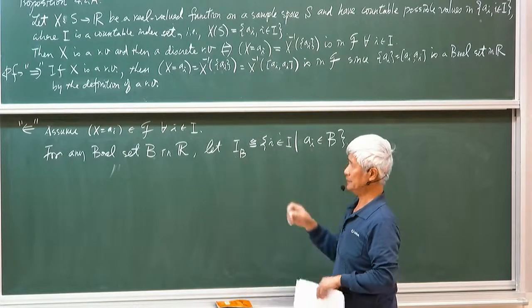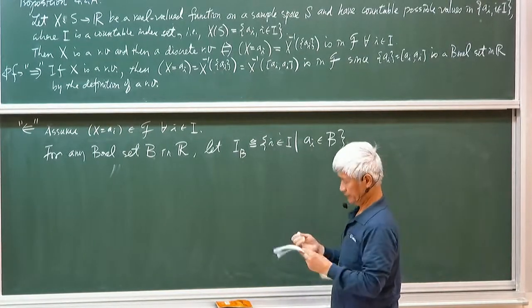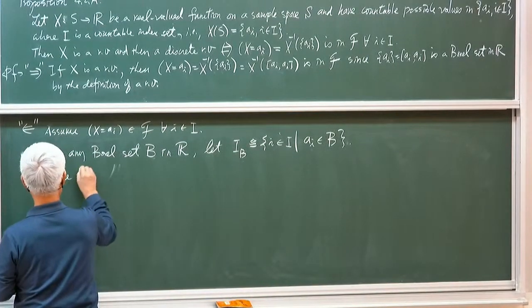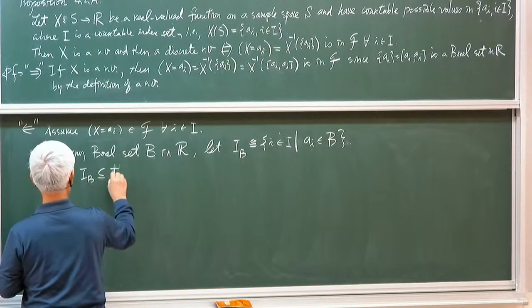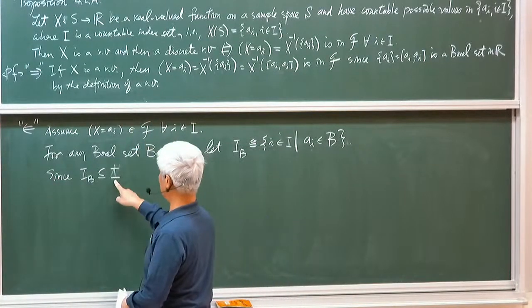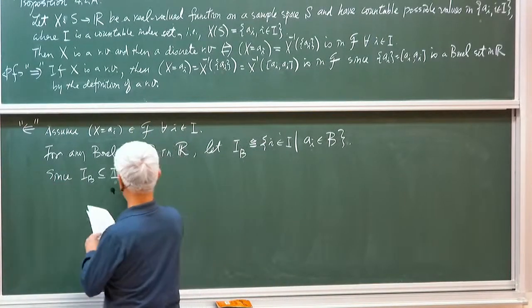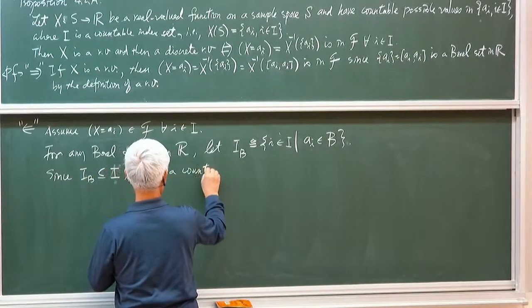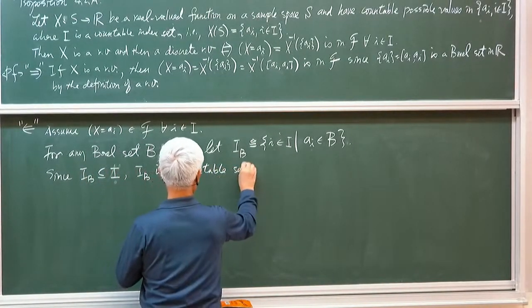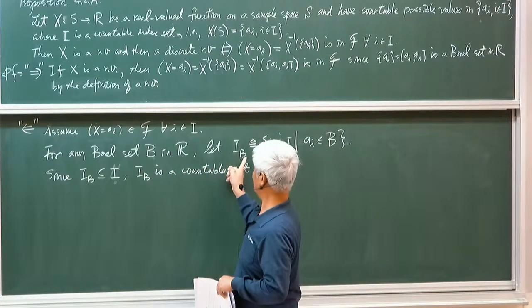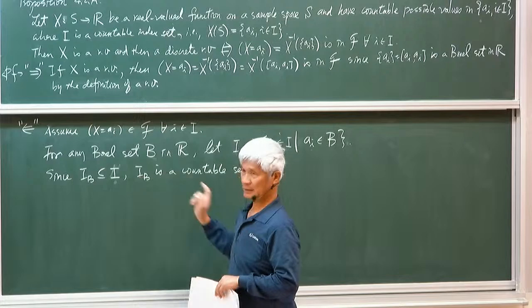So this is I sub B. Since I sub B is a subset of the original index set I, and because I is countable, I sub B is a countable set. So for every Borel set B, I sub B is a countable set.